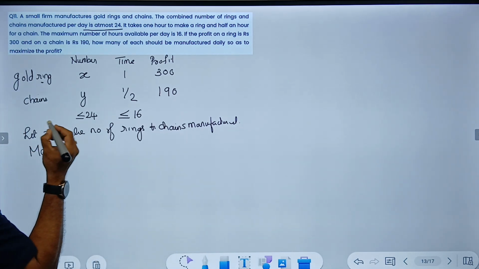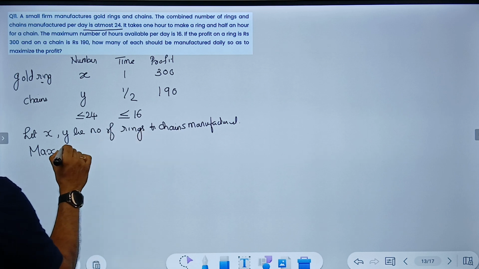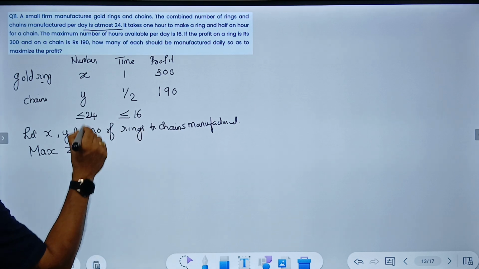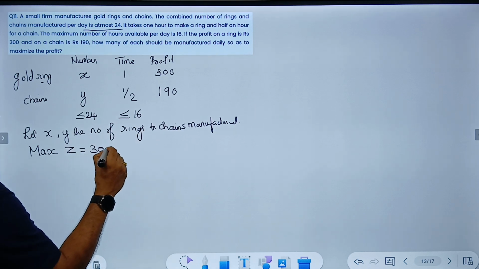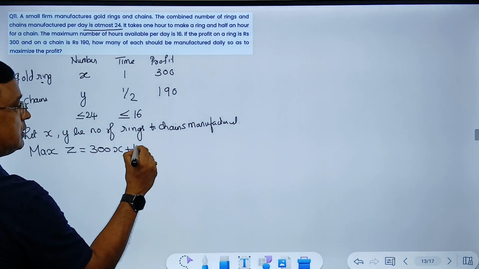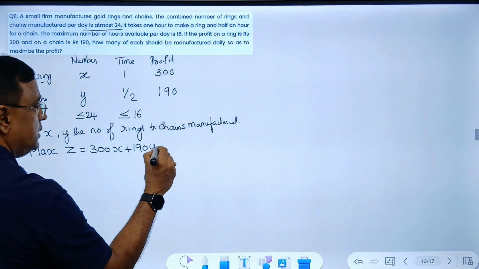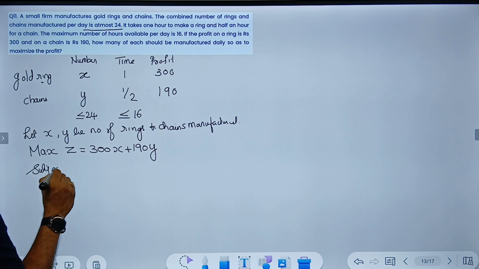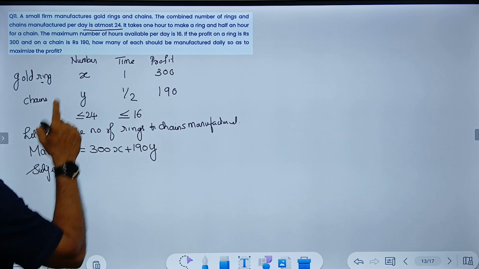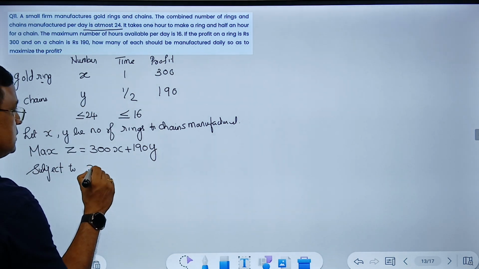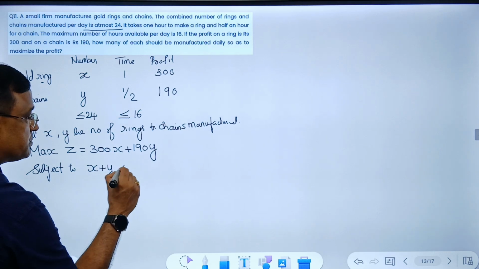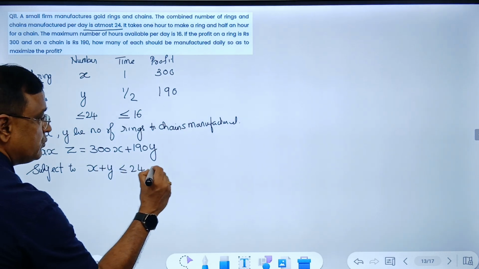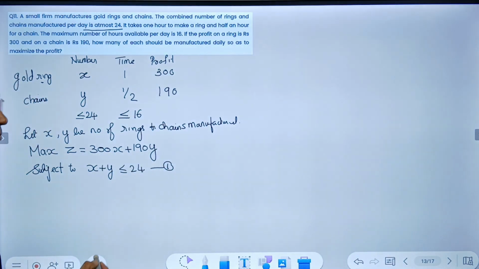Here it says maximize the profit. So maximize Z equal to 300x plus 190y, subject to the first constraint, the number of items produced, x plus y less than or equal to 24. It cannot exceed 24.